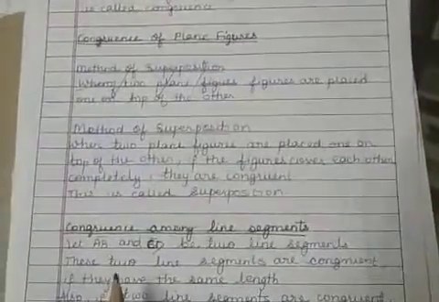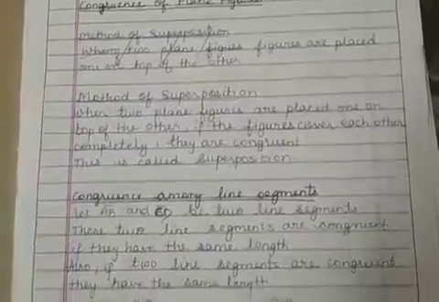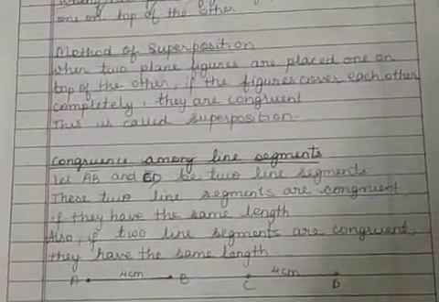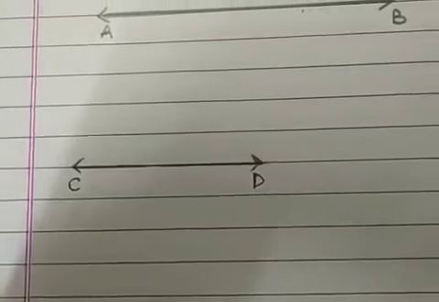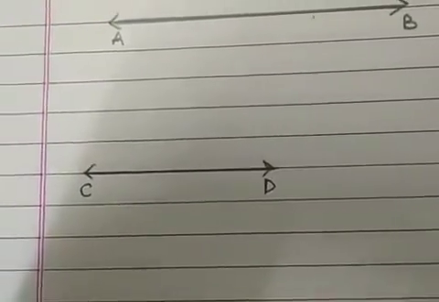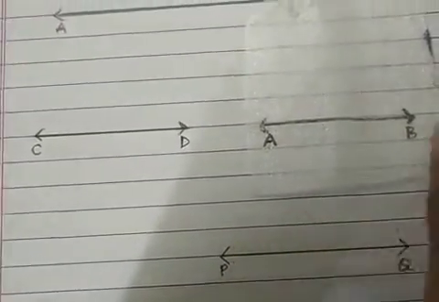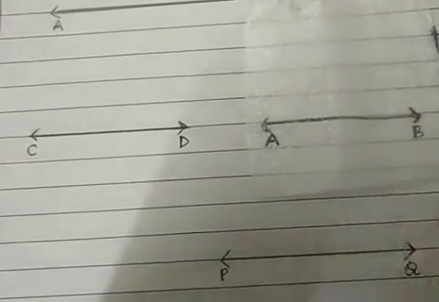Now how to check if two line segments are congruent? To understand the congruence of line segments, let us take these two line segments. Now let us take the line segment CD. I want to check whether CD and AB are congruent. First let us try the method of superposition.